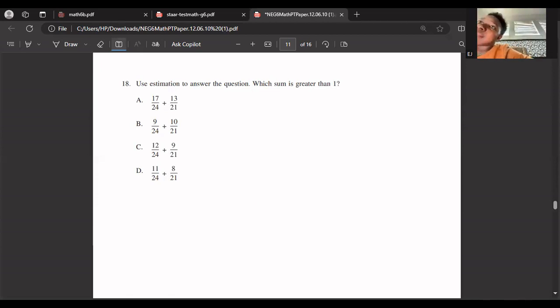Is 17/24 less than 0.5 or greater than 0.5? Greater. Beautiful. Is 13/21 greater than 0.5 or less than 0.5? Greater. So when you add them, do you get greater than 1 or less than 1? Greater than 1. Great. That is the answer. Do you get it? I do. Beautiful. So that's what you have to do when you have this kind of question.